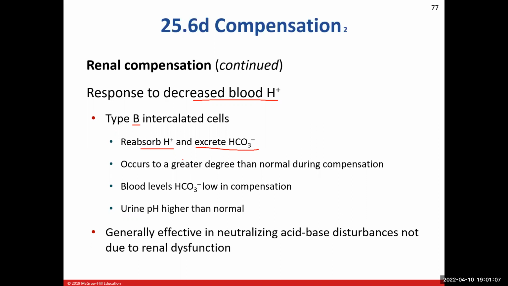So in our blood, our bicarbonate levels are going to be low, and our urine pH will be higher than normal. Like I said, the kidney is the big gun here, and it is going to be quite effective when we're trying to neutralize those, as long as there are no renal or kidney issues.